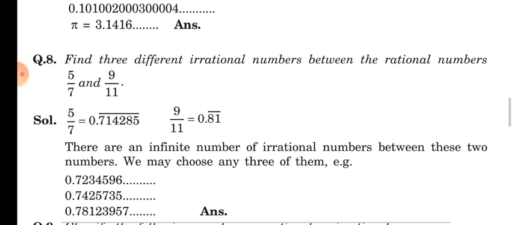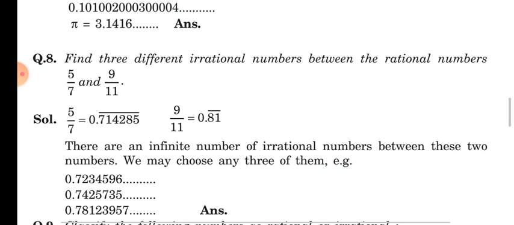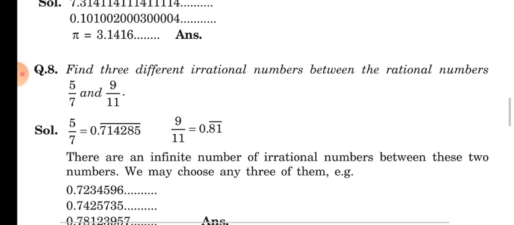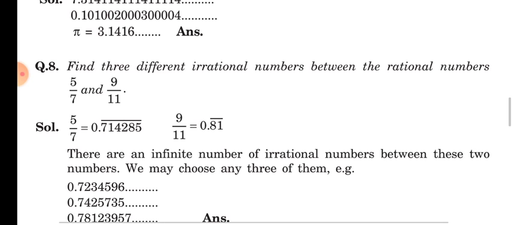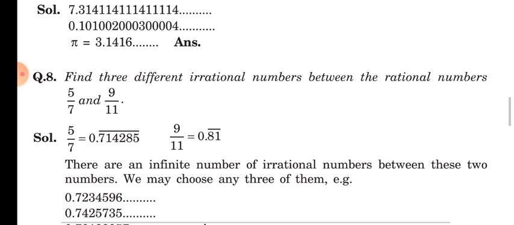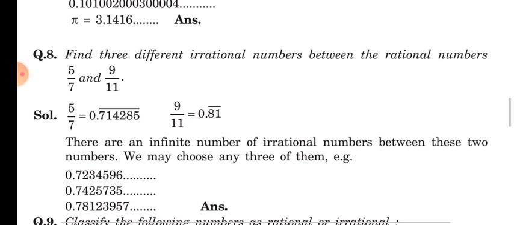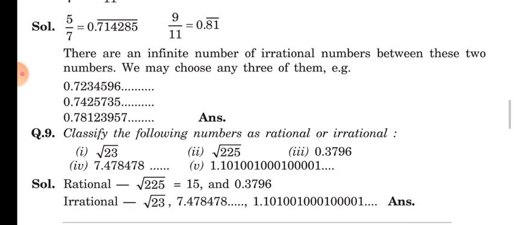We can have infinite numbers, but we will write only 3. Here some examples are given. 0.72345996. See, nothing is repeating. Similarly, 0.742575 and 0.78123957.